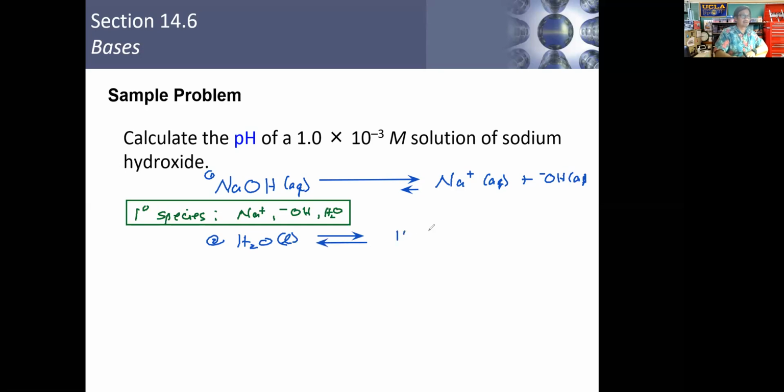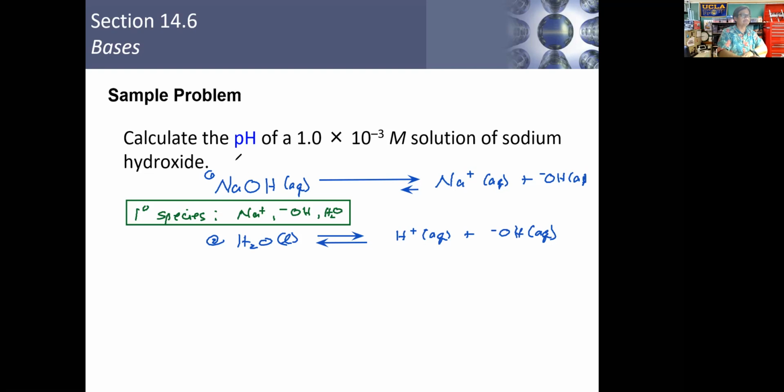So let's consider that. The autoionization of water not only contributes hydrogen ions, but also contributes hydroxide ions. So we have two sources of hydroxide ions: the dissociation of sodium hydroxide and the autoionization of water. With that said, let's write down what we have.